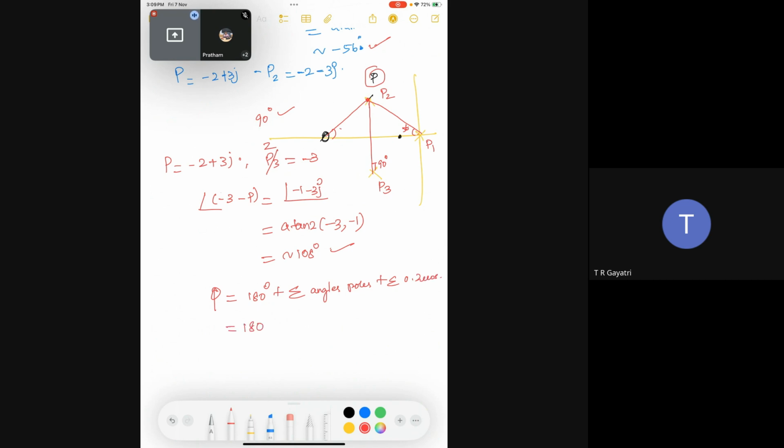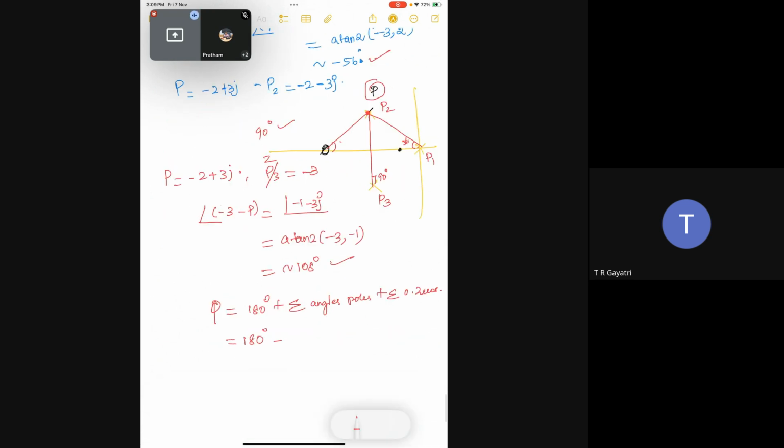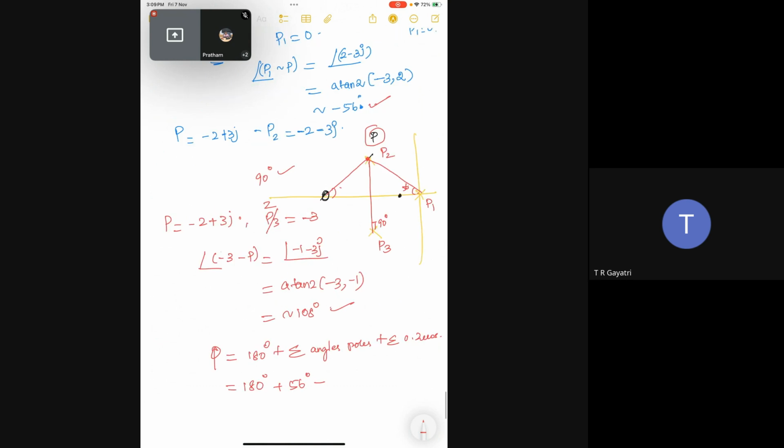So 180 degree minus what I found, 56, right? Plus 56 degree minus, everything is plus here. Oh, this is minus 1.